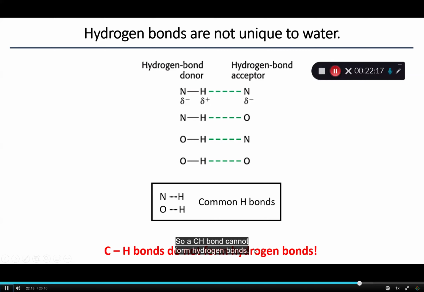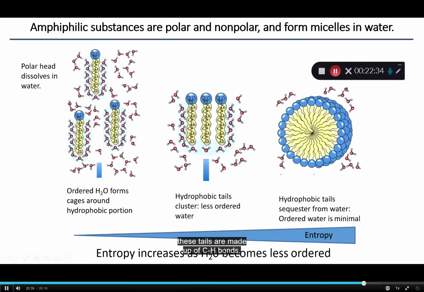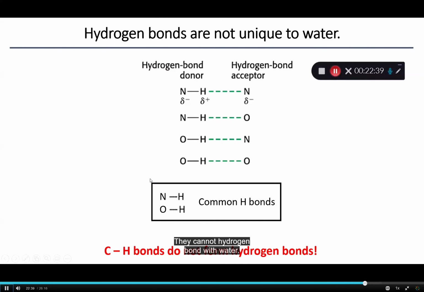So a CH bond cannot form hydrogen bonds. There's no unequal sharing of electrons that happens here. And so therefore, this hydrogen does not have a positive charge that would interact favorably with the negative oxygen on a water molecule. So this is why these tails are made up of CH bonds. They cannot hydrogen bond with water.